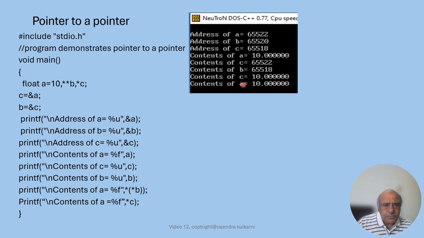Now contents of c is, sorry, this must be content of a, which is taken out with pointer notation or value at address notation through pointer to a pointer. b is a pointer to a pointer c.